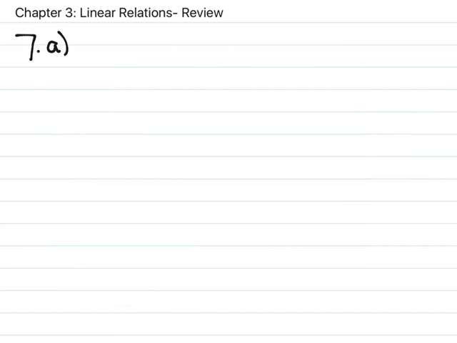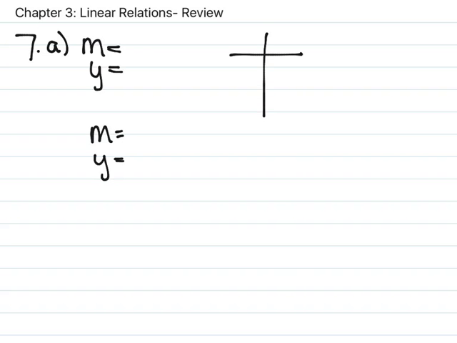Question 7a. You're given two tables of values and you're asked to state whether the lines in each pair are parallel. So you're going to want to find the slope and the y-intercept for each table. For the first one, I'm going to take the table of values and just use the first 2 points to do rise over run.